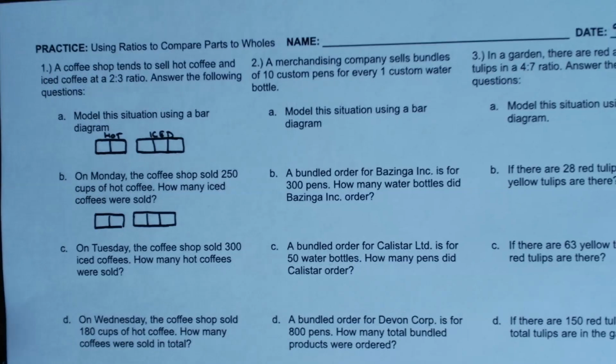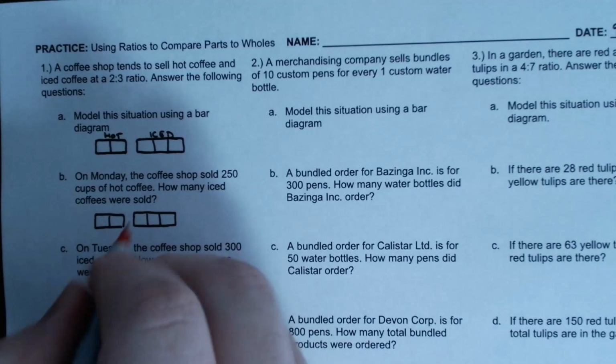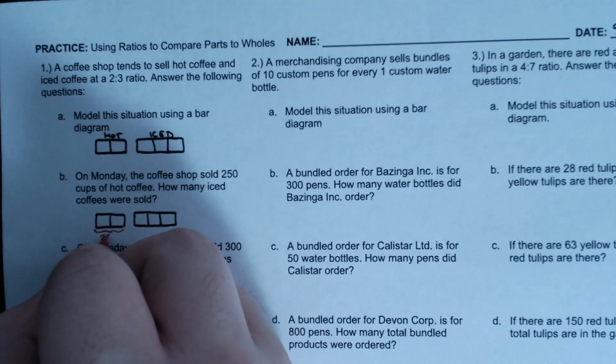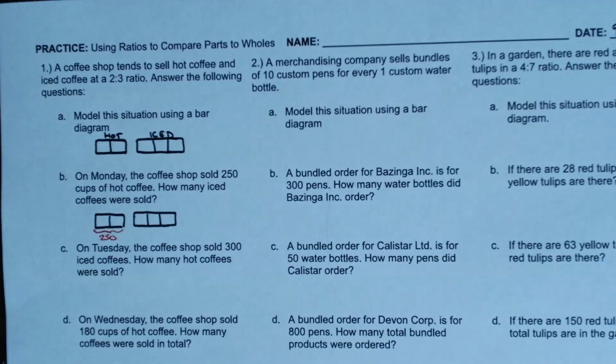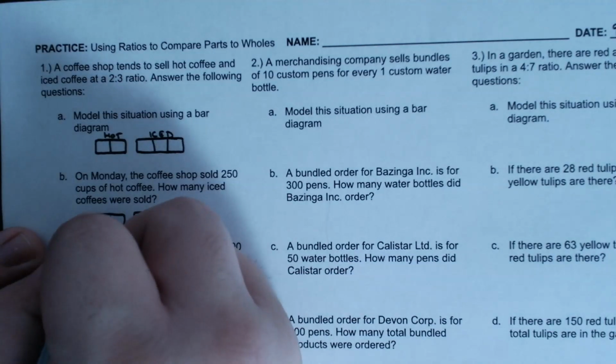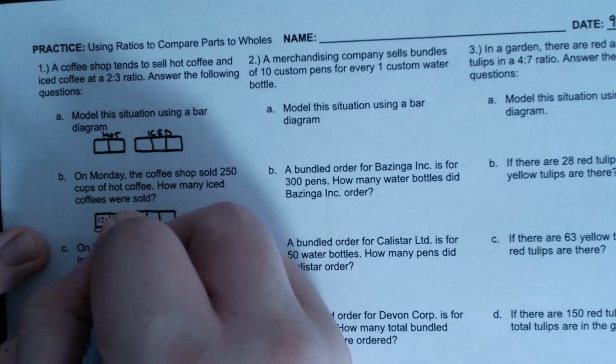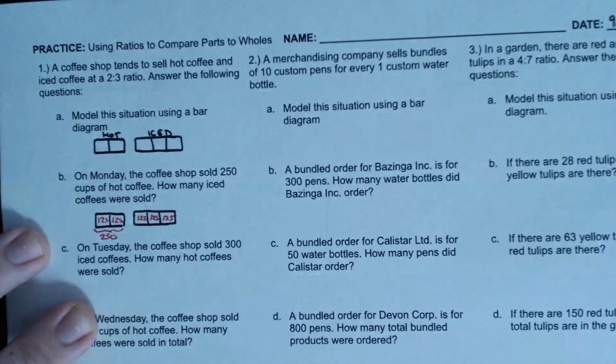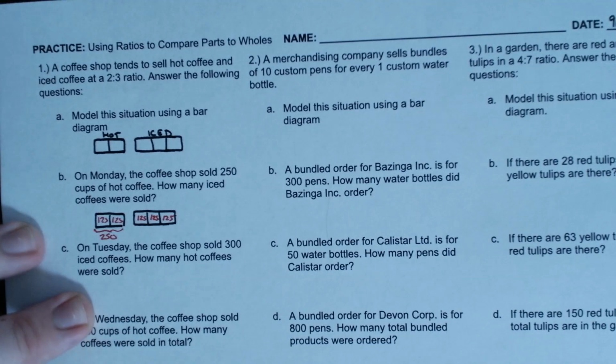So what I'm asking is if the hot coffees total to 250. What's 250 divided by 2? 125. So how many iced coffees were sold? 375 sound okay?